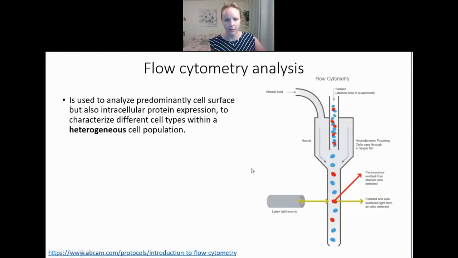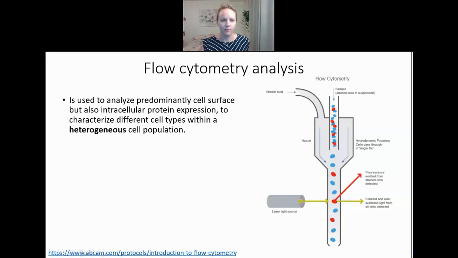So I'm going to give an overview introduction about flow cytometry analysis, because I'm not sure at the differing levels of experience with flow cytometry in this class.